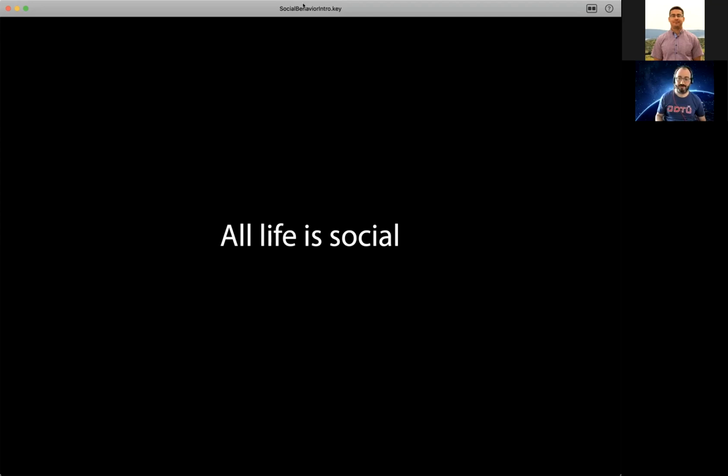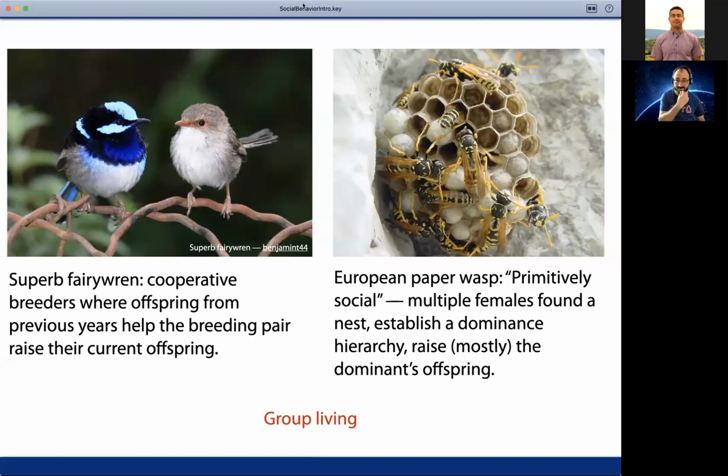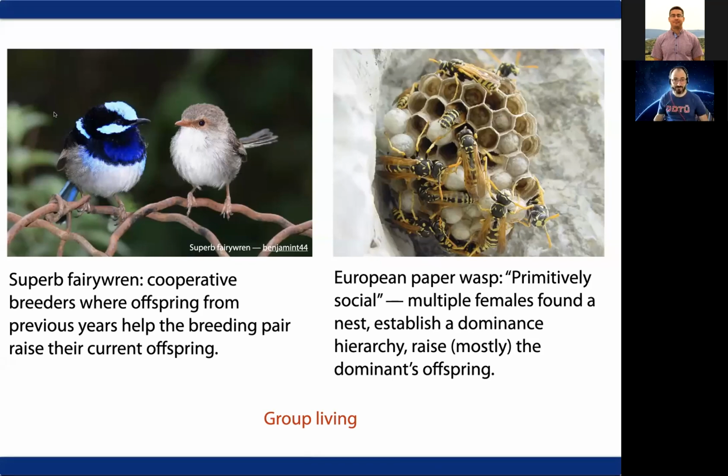Okay, and so social means that things interact with each other. So here are some examples of sociality. These are birds called superb fairy wrens that are cooperative breeders in Australia. Most bird species are socially monogamous and have biparental care.